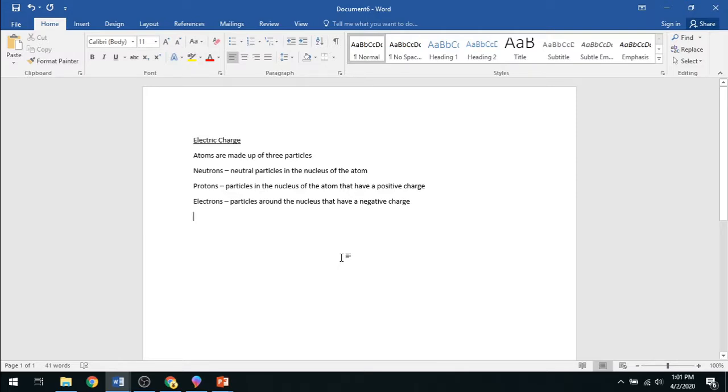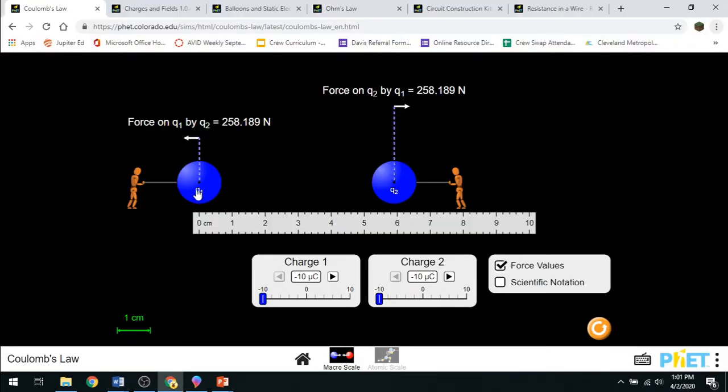The next question then is, how do these charges interact with each other? I've got a little program here, and we've got two charges. Notice that both of these are negative charges. The little guys look like they're pushing away from each other.